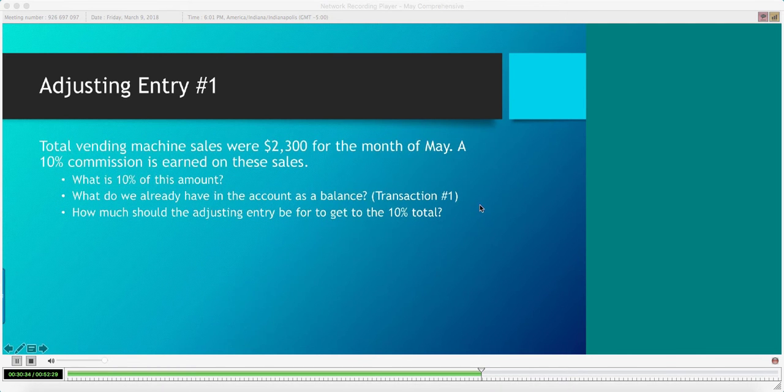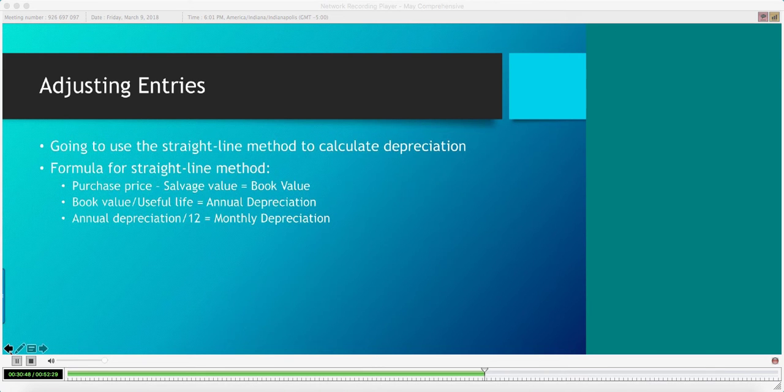So here is where we get back to our vending commission from the very first transaction. Hey, Amanda. If you don't mind, can you go back one screen real fast? I was writing down those formulas. There you go. Thank you so much. You're welcome. While you do that, I'm going to take a drink of water. Just let me know when you're ready.